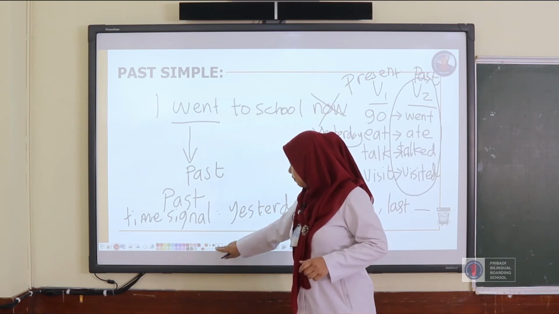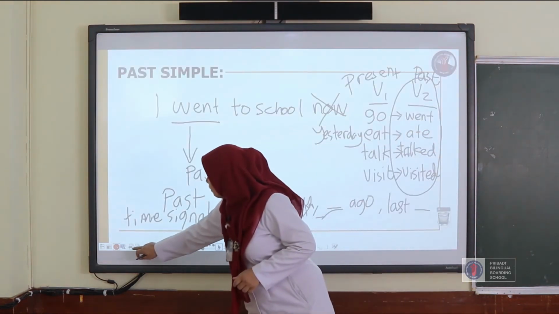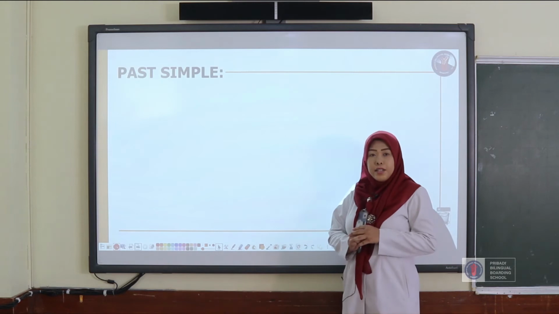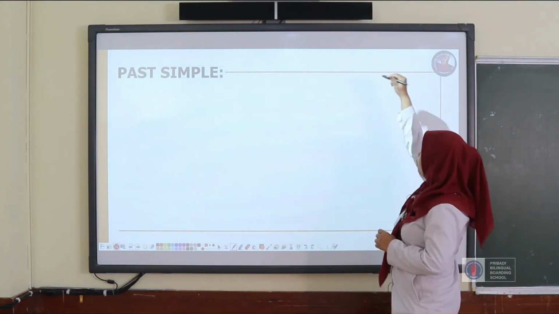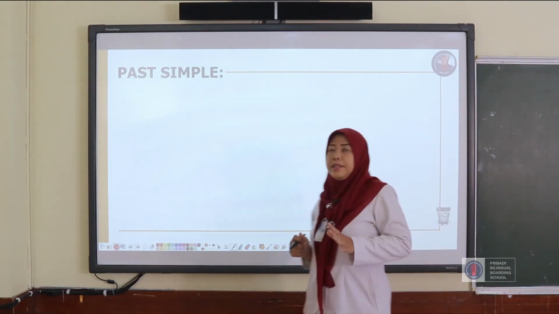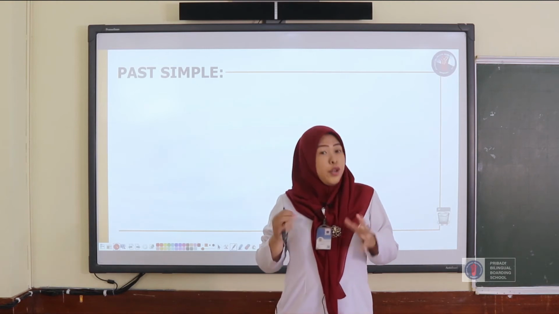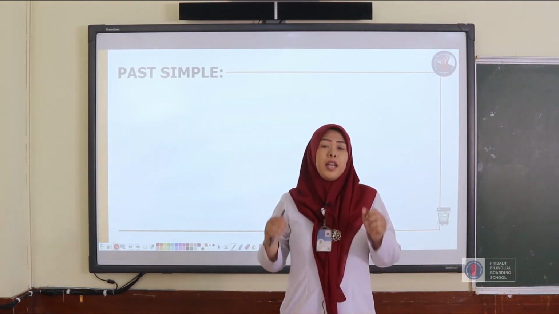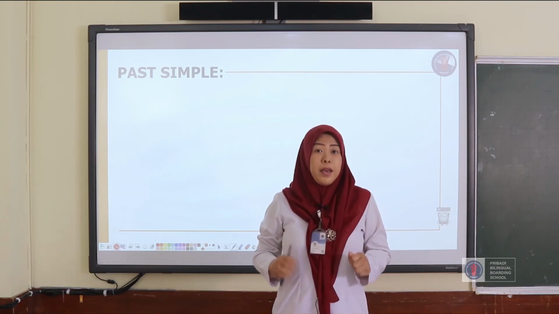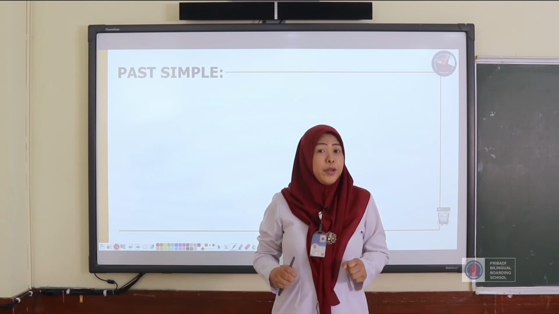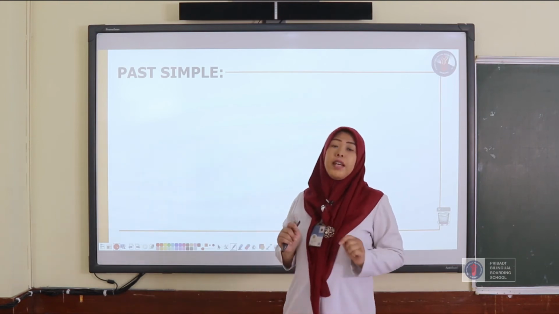Next, I'm going to write again the verb 1 and the verb 2. With past simple, there is no way that you can know about past simple without memorizing the verb 2. Because you are already grade 4, it's time for you to know about the verb 1 and verb 2. Verb 1 is for present, verb 2 is for the past.